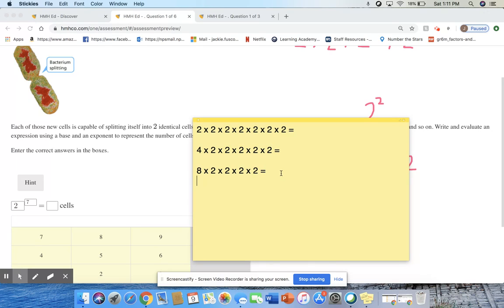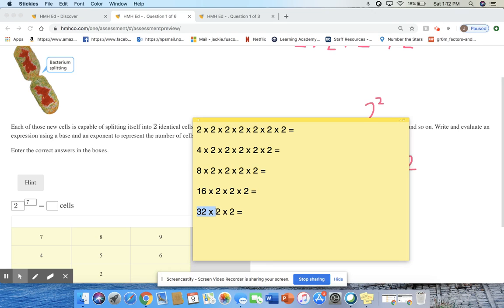Let's keep going. I know that 8 times 2 is 16. So I use the 8 times 2, but I still have 3 2's I still need to multiply. So I'm going to copy and paste it and bring them down. 16 times 2 is 32. So I did 16 times 2, and I still have what's left here, times 2 times 2.